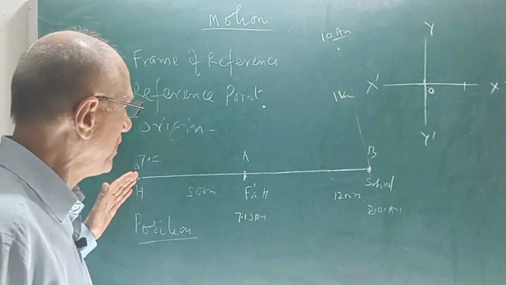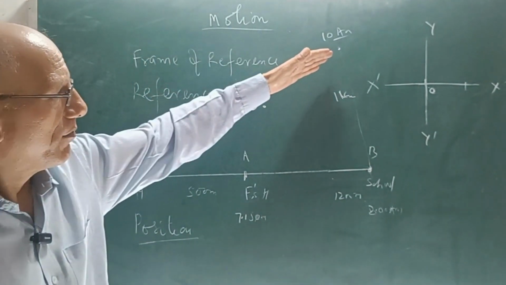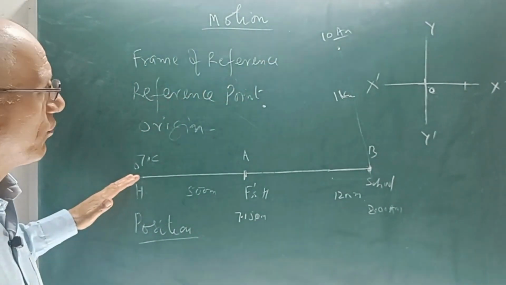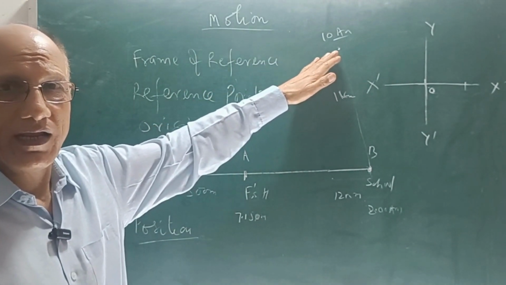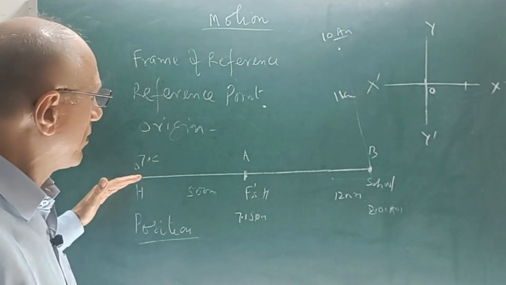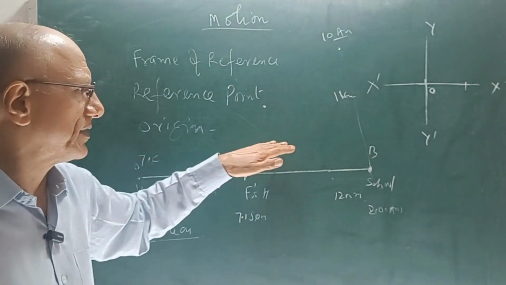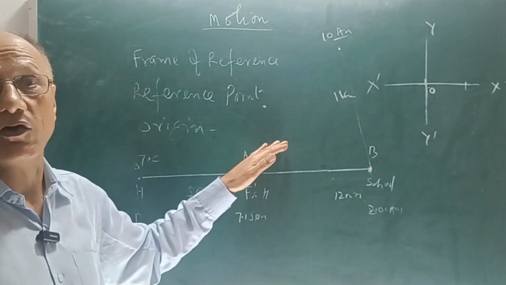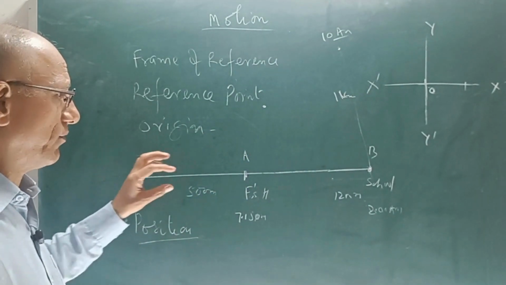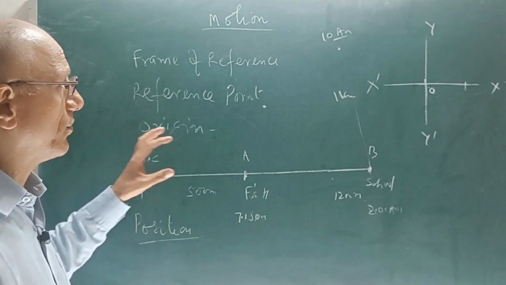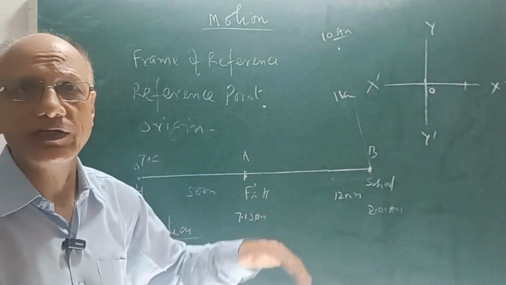However, it may be more than 1.5 kilometer, or if it comes somewhere here, it may be less than 1 kilometer. So if we change the reference point from the school to your house or your friend's house, then the position may change.